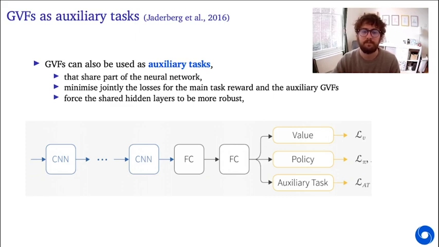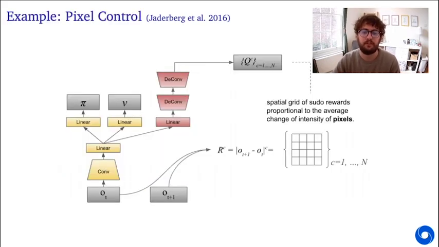This specific way of using GVFs as auxiliary tasks was, for instance, implemented in the Unreal agent. It was introduced by Jaderberg and a few others a few years ago. In Unreal, a neural network is used to map input observations to both a value prediction and a policy prediction, because it's based on a fairly standard actor-critic system.